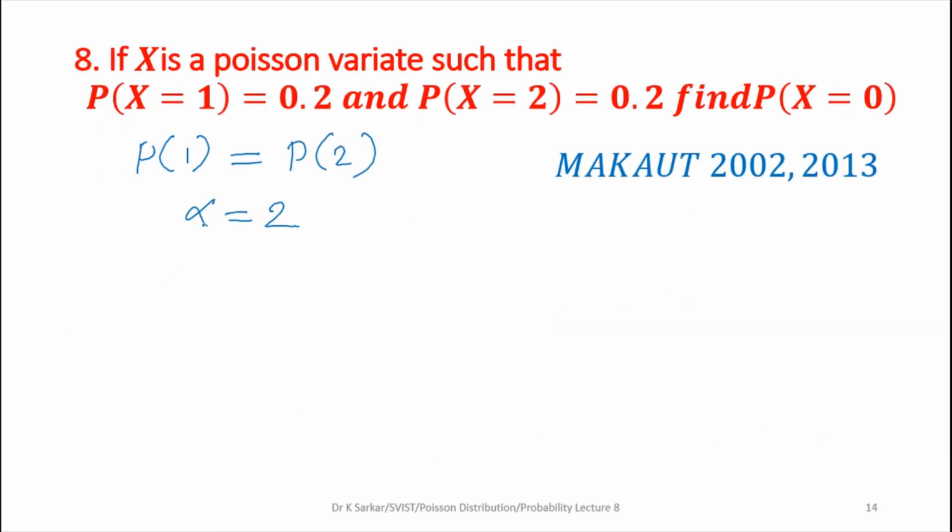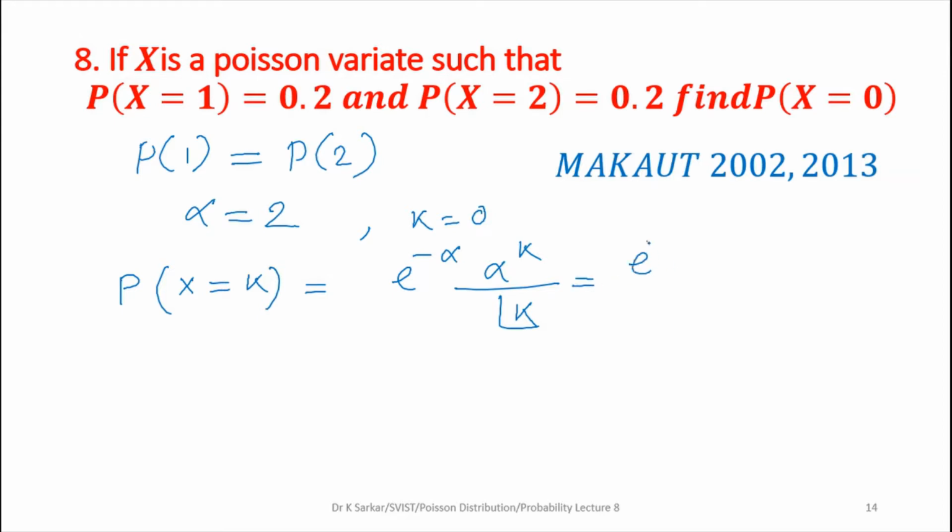Now we will put alpha equals 2 and k equals 0 in the PMF of Poisson variate. PMF is e power minus alpha, alpha power k by factorial k. So here we will put alpha equals 2 and k as 0.